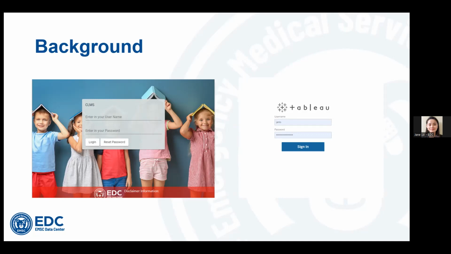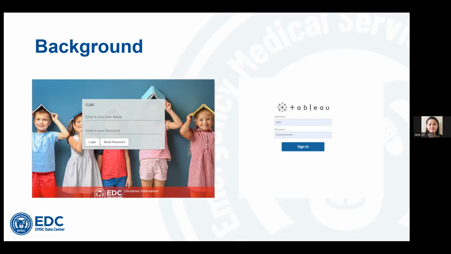It could be because your browser automatically filled in the old password instead of the new password. But do remember that they are actually the same account. So if you can log into CLAMS using the same login information, you can also log into Tableau as well.